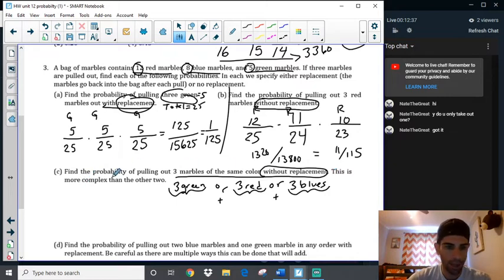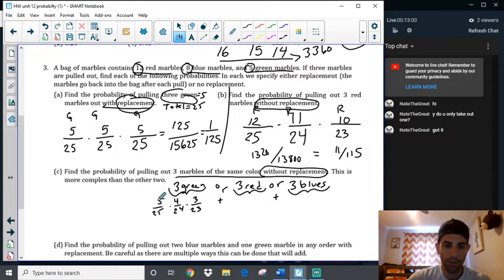Now, it said without replacement, which means you're going to keep it. So for 3 greens, there are 5 green marbles, 25 total, so that would be 5 out of 25, 4 out of 24, 3 out of 23.